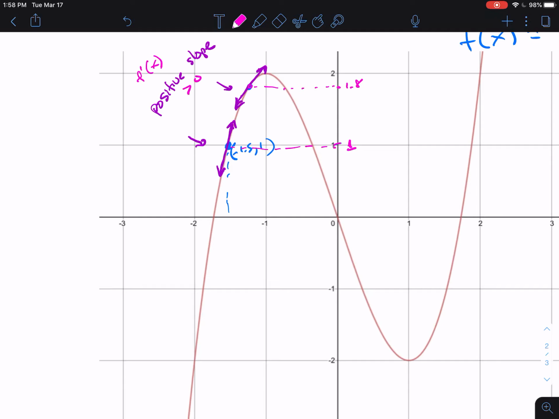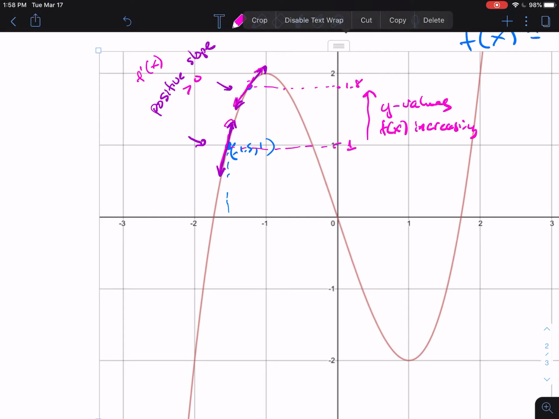So if the slopes are positive, as you see here, the y values go from here to there. So what does that mean? That means the function values, the y values, or f of x, is increasing. That's what happened there, as the f prime of x is positive, or the slopes themselves are positive.